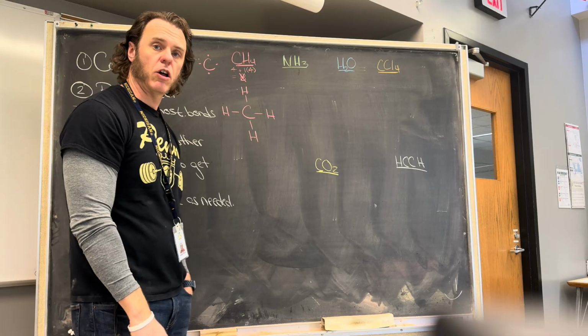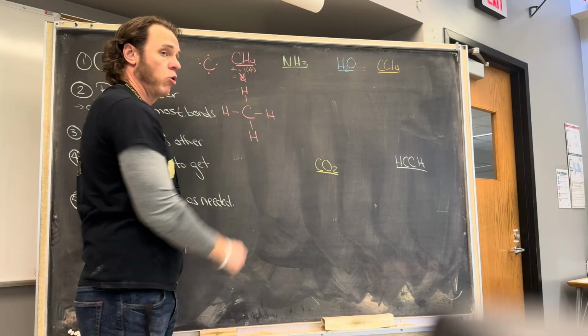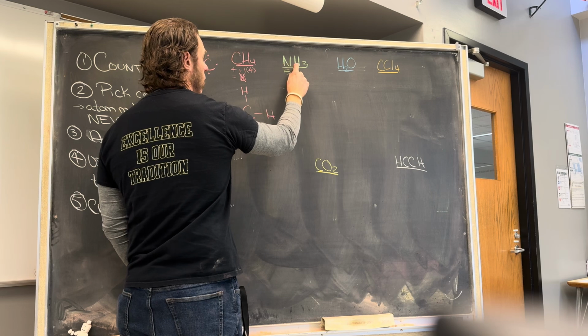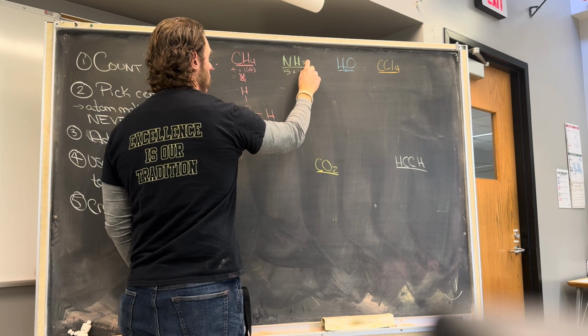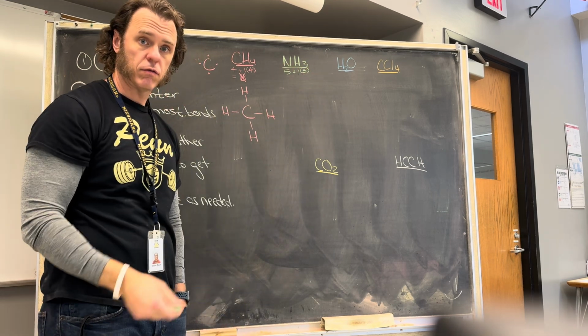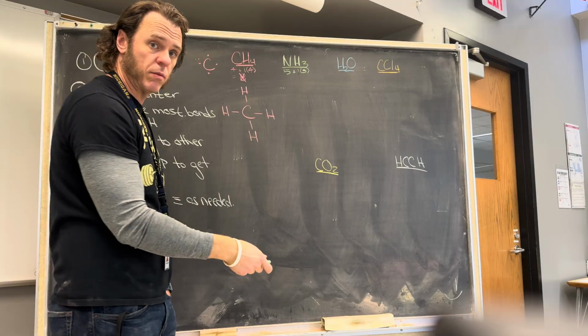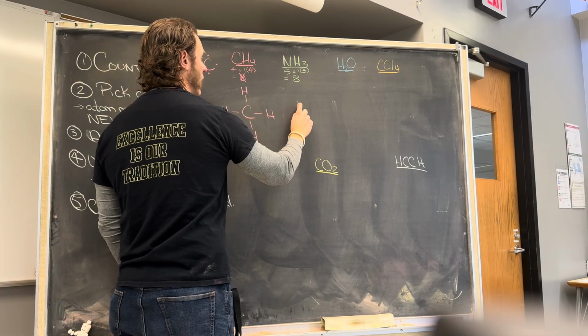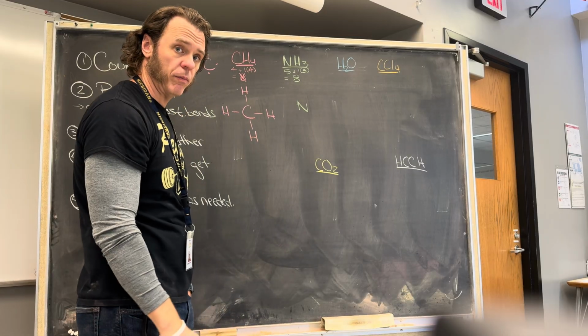We're now going to move along, and we're going to do ammonia. I'm going to go a little quicker. Five from nitrogen. Each hydrogen brings 1 valence electron. That's 8. Nitrogen goes in the middle.